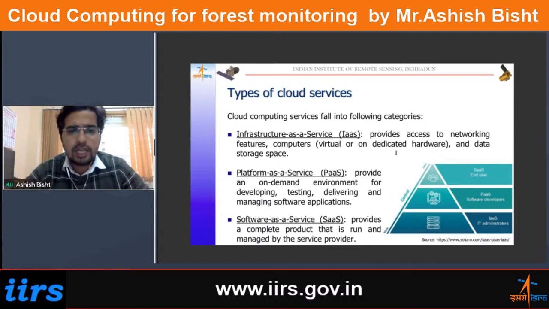Then the types of cloud services. The main idea is that cloud acts on a simple idea of a thin client. Thin client means conventionally, whenever you wanted to purchase a desktop system, we had to purchase the processor and pay for storage and RAM and all the maintenance stuff at our own site. But what happens when you become a part of a cloud service? There are three forms in which cloud is giving the service. First is infrastructure as a service.